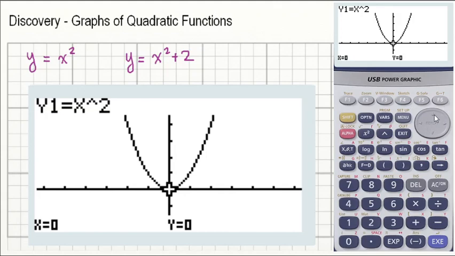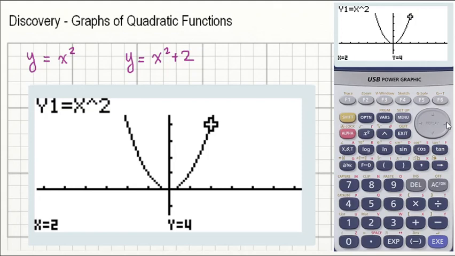And by pressing here, either left or right, we can browse through the points. So we can see here, for example, x equals 1, y equals 1, and that's expected because 1 squared is 1. So we would expect, for example, for x equals 2, y would be equal to 4, since 2 squared is 4. So if we keep going to the right, we'll find x equals 2, y equals 4.